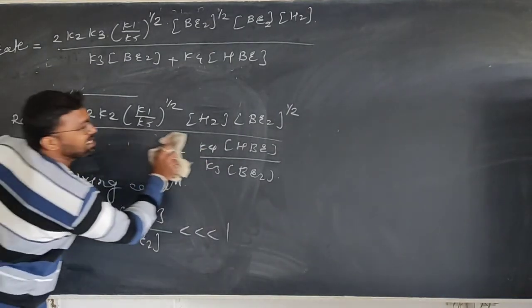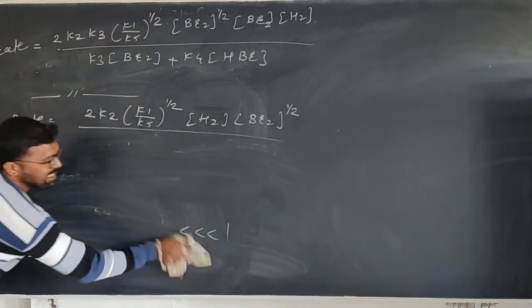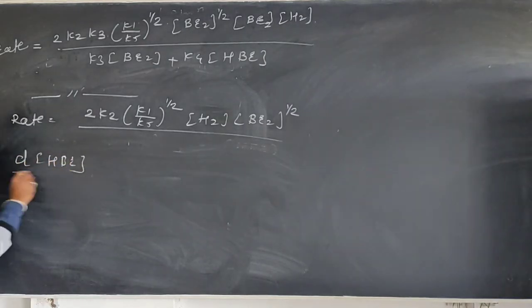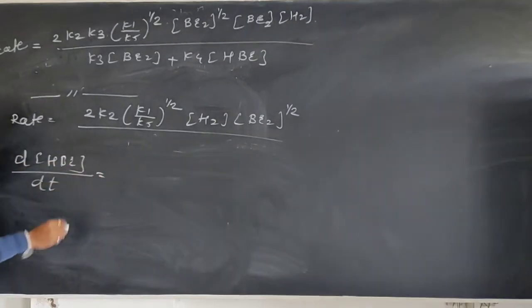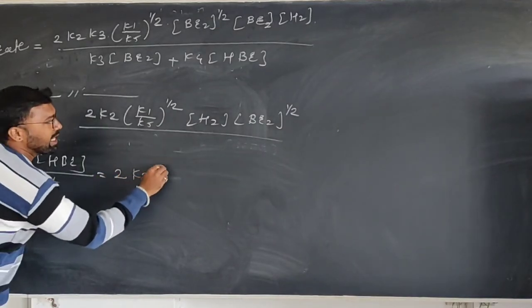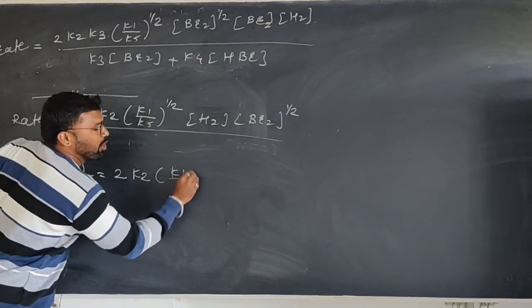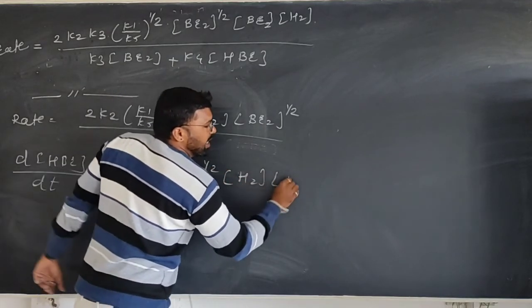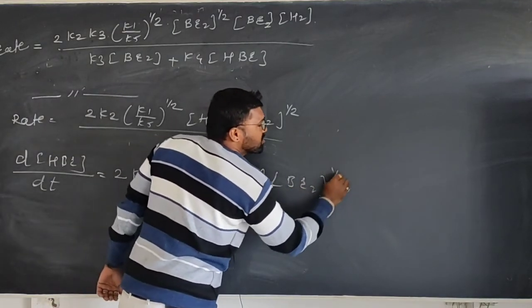Finally you get the net rate of formation of product, which is equal to 2 into K2 into K1 upon K5 raised to half into H2 into Br2 raised to half.